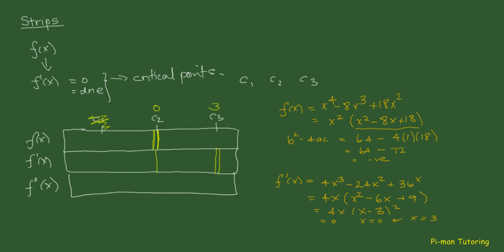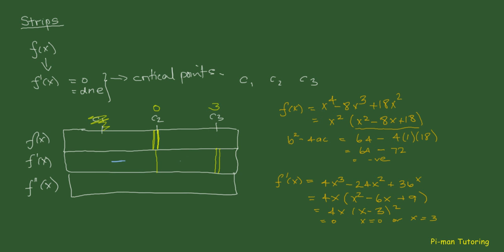So for f dashed of x, we know that we can choose any value to the left of 0, any value on this side. So let's choose a -1, and if we feed that into f dashed of x, we'll get -4 multiplied by something squared. Well, something squared is always positive, and so the 4x term is always going to give me negative in this part of the domain.